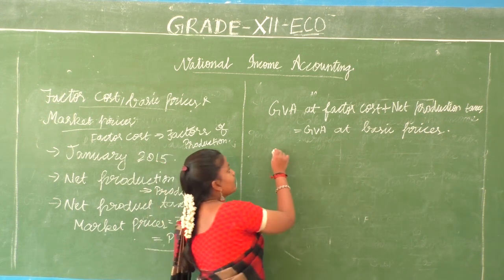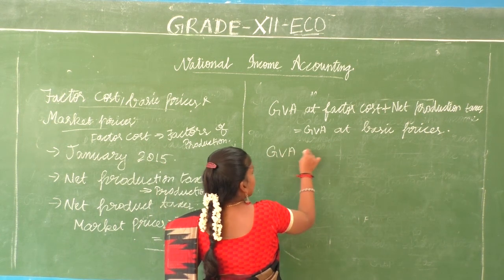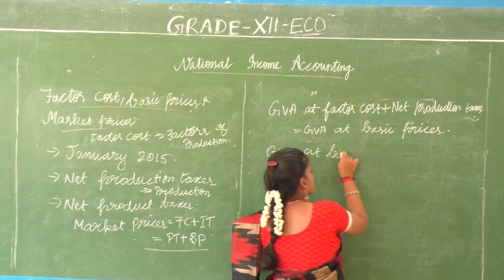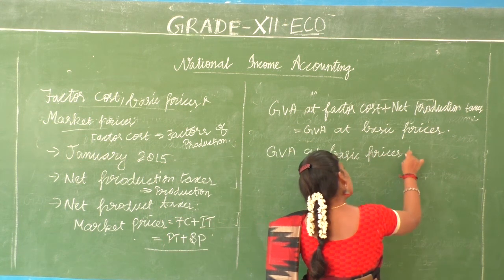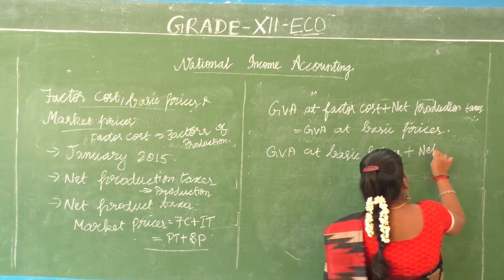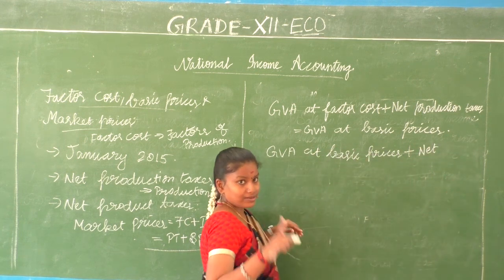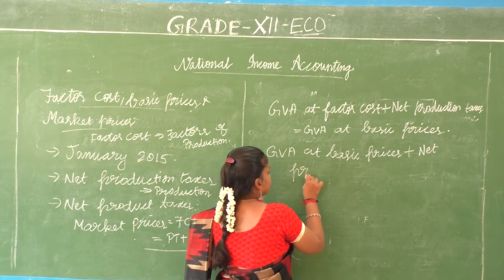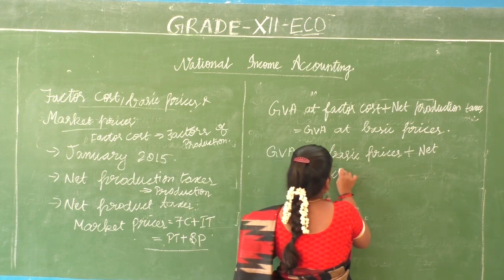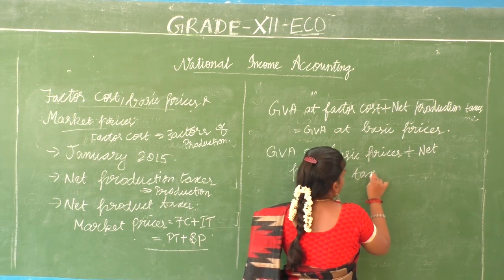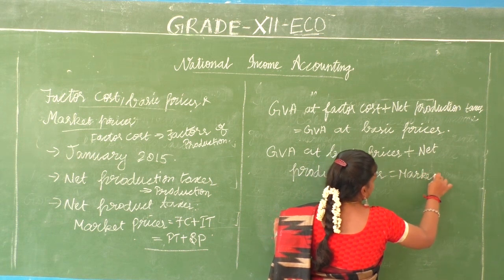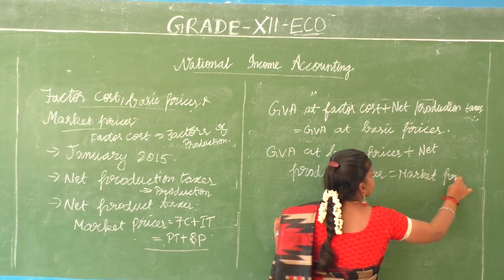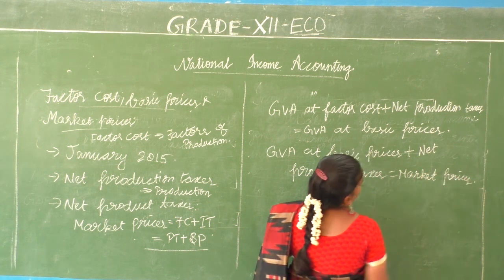Then what do you do with this GVA at basic prices? When you add the net product taxes to GVA at basic prices, product taxes means the indirect taxes on the final goods, it becomes your market price.